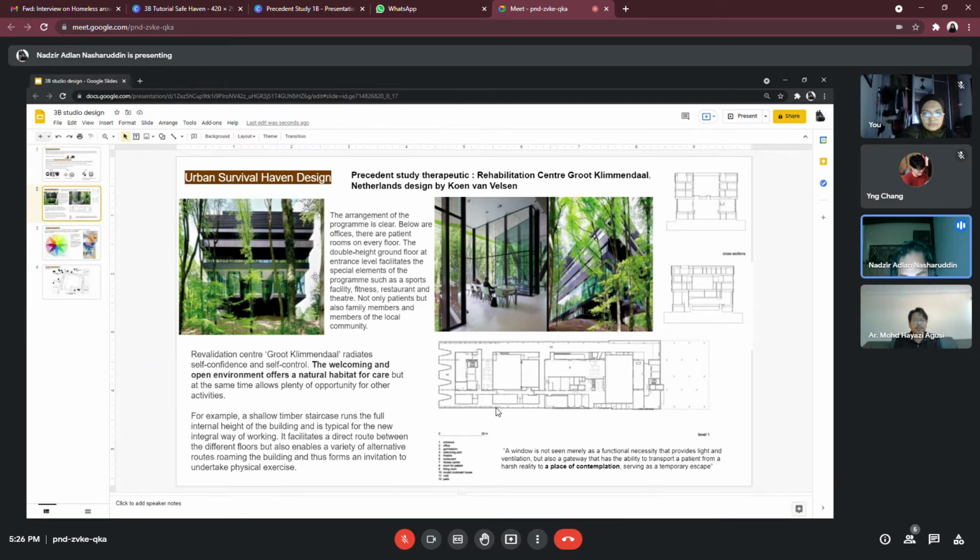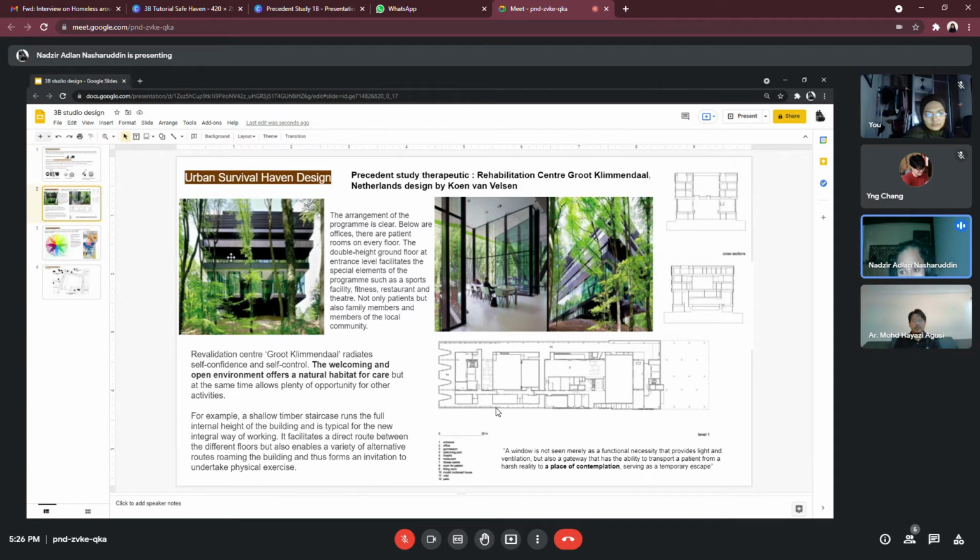The general typology of the building is that the bottom floor has offices, and all the accommodations are on the higher levels, because this creates a private area on the higher levels.